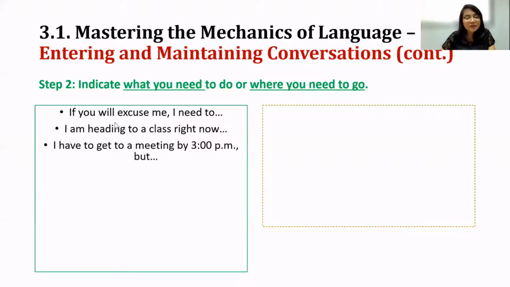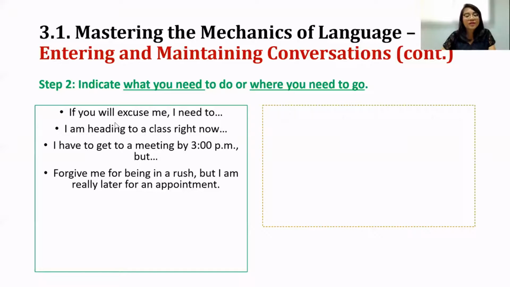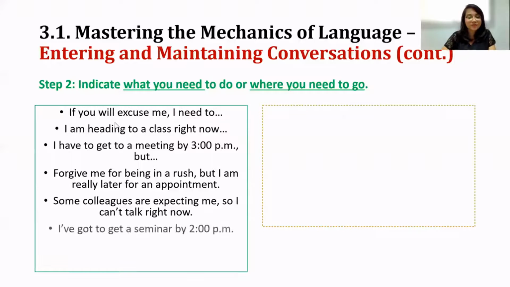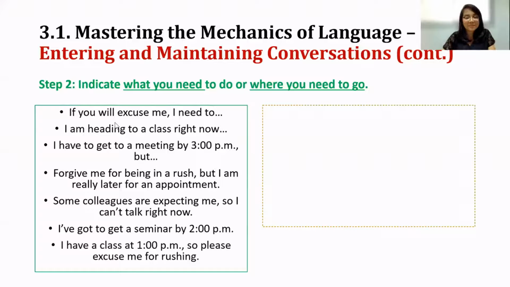I have to get to a meeting by 3 p.m. Forgive me for being in a rush, but I am really late for an appointment. Some colleagues are expecting me, so I can't talk right now. I've got to get to a seminar by 2 p.m. I have a class at 1 p.m., so please excuse me for rushing.